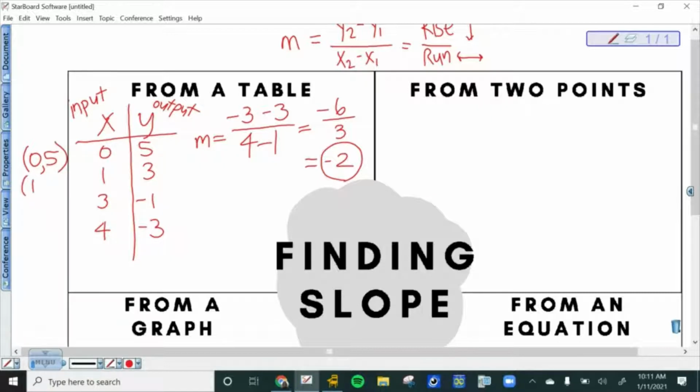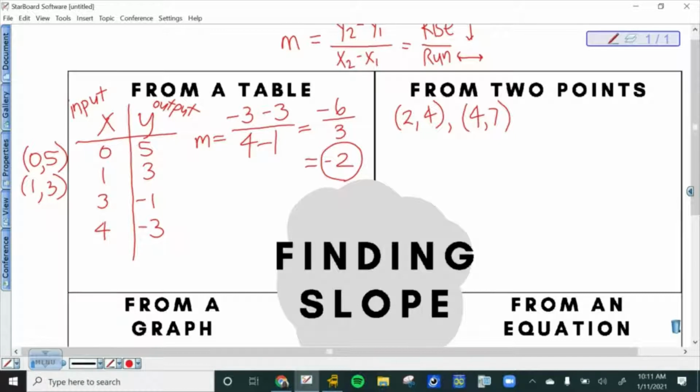And this one is 1, 3. So finding the slope from 2 points is really just similar steps as this. So let's use these 2 points. We have 2, 4, and 4, 7.